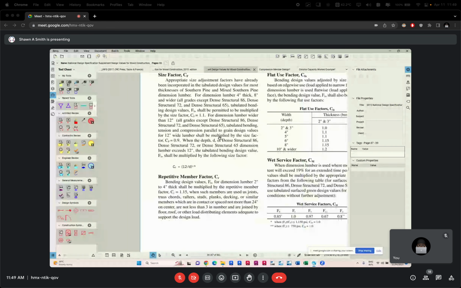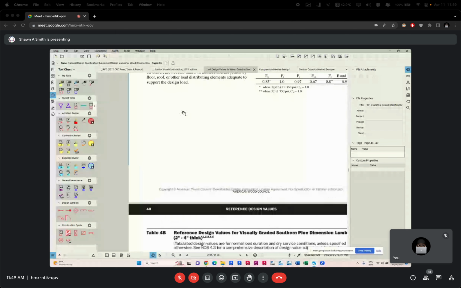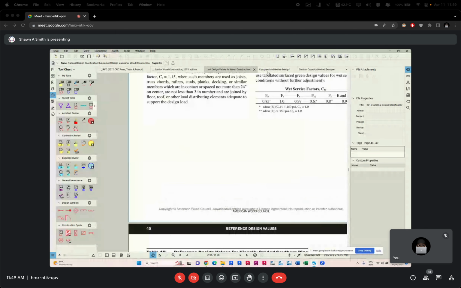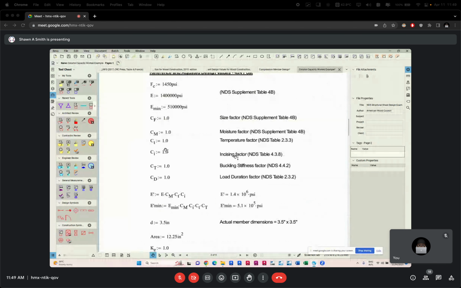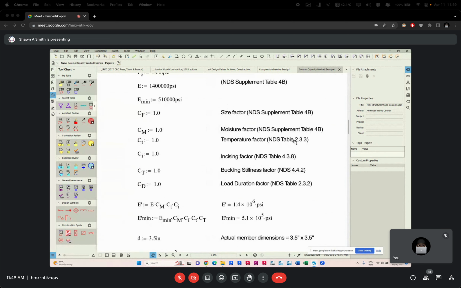CT is found elsewhere. CT is found in the NDS Table 2.3.3. Okay, your phone, right? Yes. Not in the supplement now. Good thing about this example, it tells you if it's a supplement or the table or the book itself.